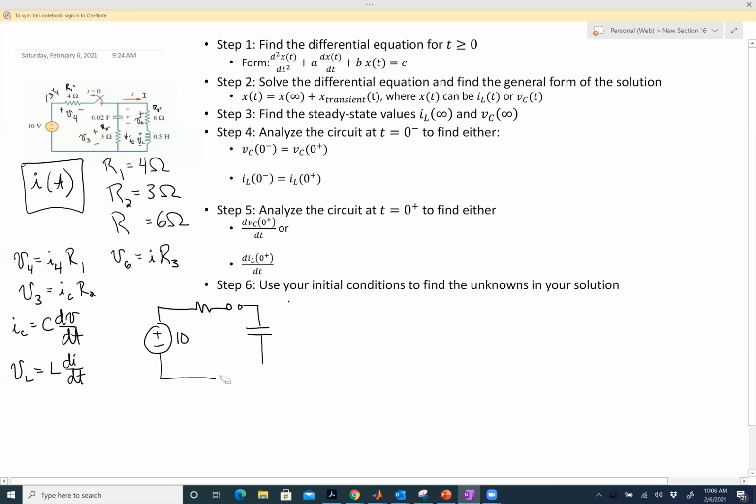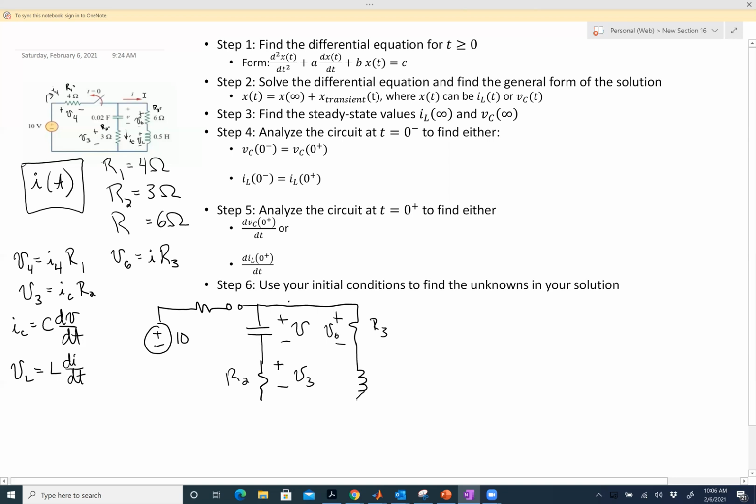And so the key part of the circuit here is, here's the voltage on the capacitor. There is the voltage V3 on R2. And then over here, there's the voltage V6 that's on R3.